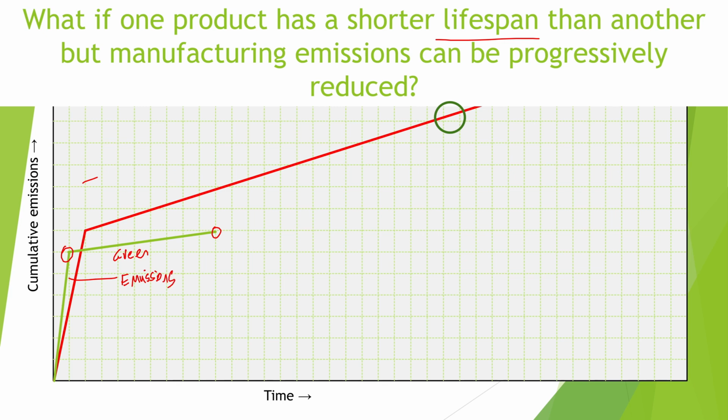But we maybe invest in new technology, like a new engineering development or some recycling or something like that. So the next time we build that product, it requires substantially less emissions from the manufacturing process. Now what that means is at some point it will break even with the red product, and it could be that the next iteration will be even more improved and it will outlast the red product at some point.